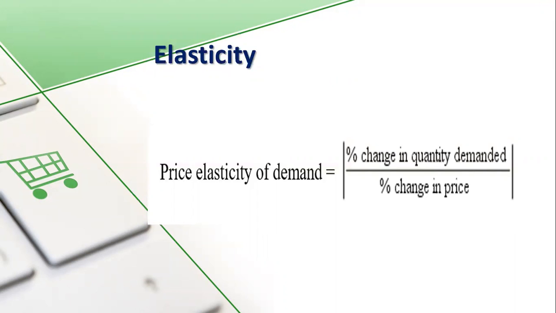The most commonly used elasticity is price elasticity of demand. This is the formula for getting the price elasticity of demand. And you can also get the price elasticity of supply by getting the percentage change in quantity supplied. Here we will know the responsiveness of a variable.